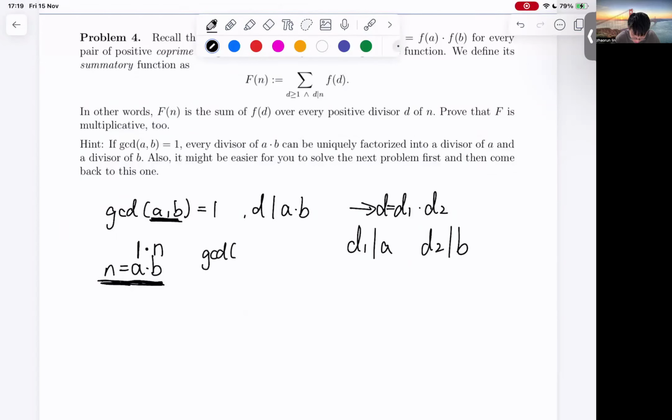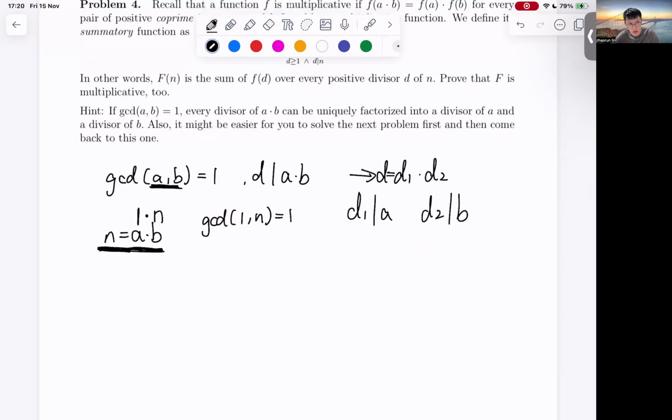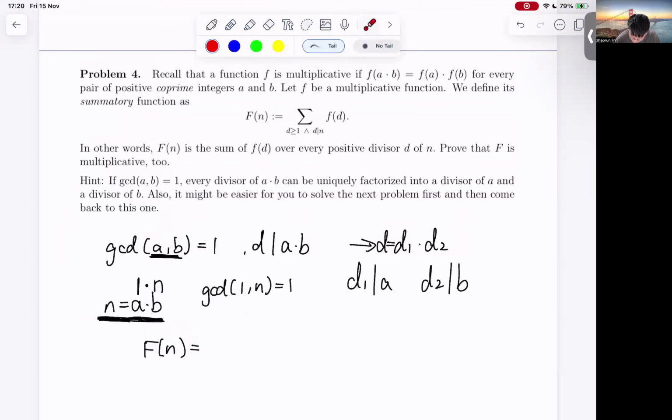So GCD(1, n) is 1, right? Yeah, so every number can be factorized into co-prime numbers a and b. So we would need to prove that this big F of n is also multiplicative.